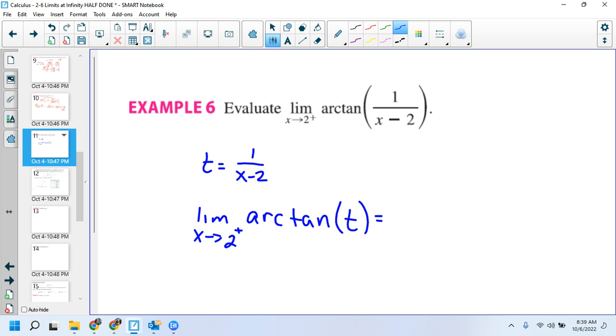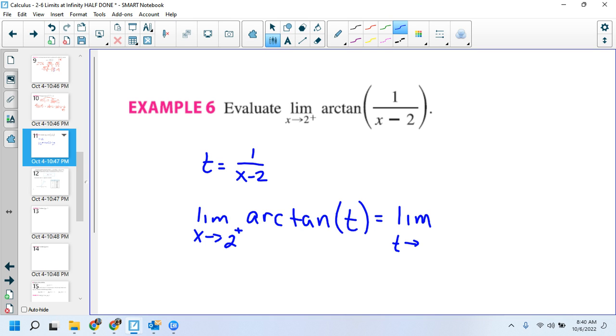Now, I can actually replace this with the limit as t goes to something.